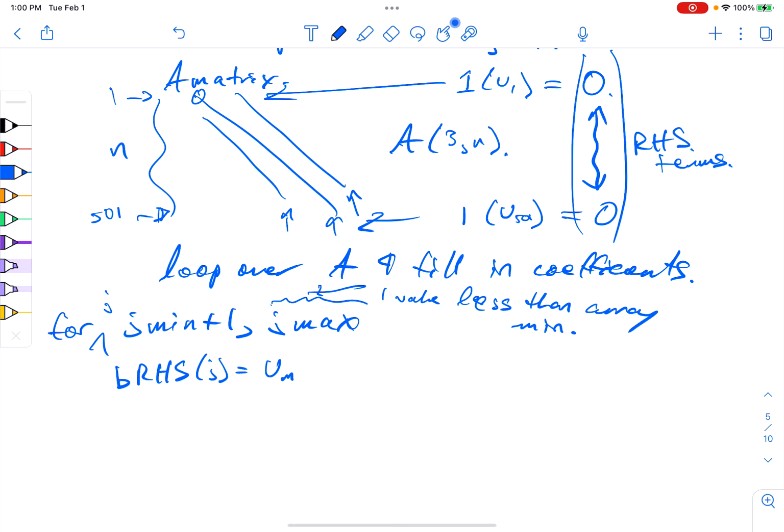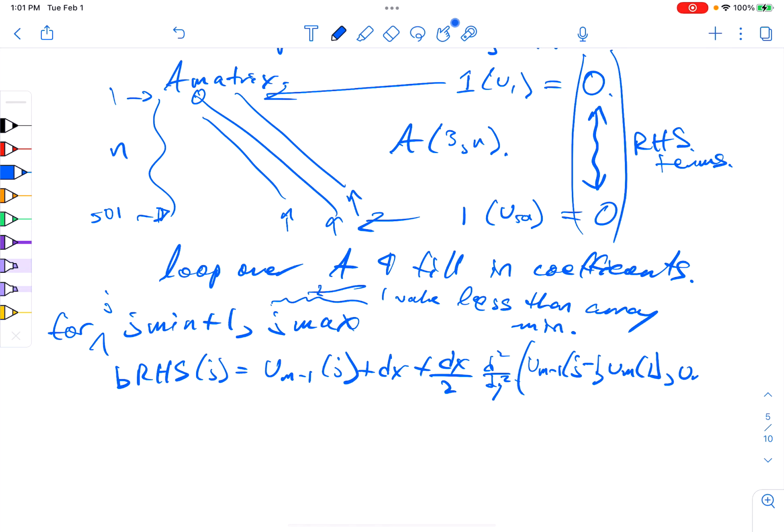Anyway, inside the loop, I would say b, right-hand side, that's my variable of j, equals u of m minus 1. I used a different index. I used m of j plus dx over 2 times my partial derivative function. I'll just call that d2 dy squared of um minus 1 of j minus 1, um minus 1 of j, and um minus 1 of j plus 1, and finally my grid point spacing dy.